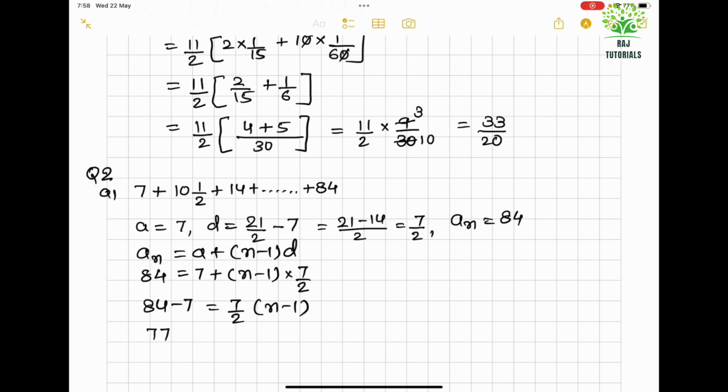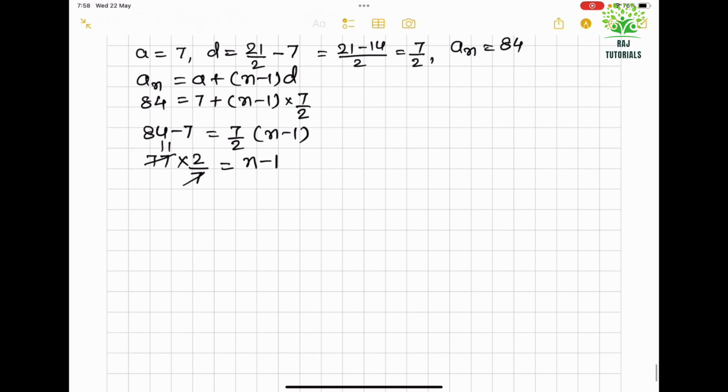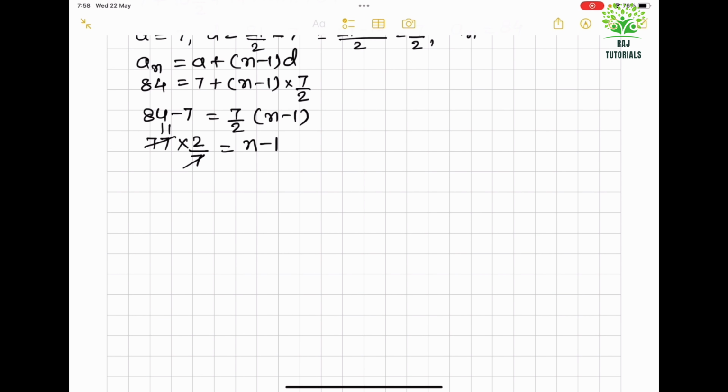So 77 into 2 by 7 equal to n minus 1. So 11 into 2 equal to n minus 1. So 22 plus 1 equal to n. So n I got 23.